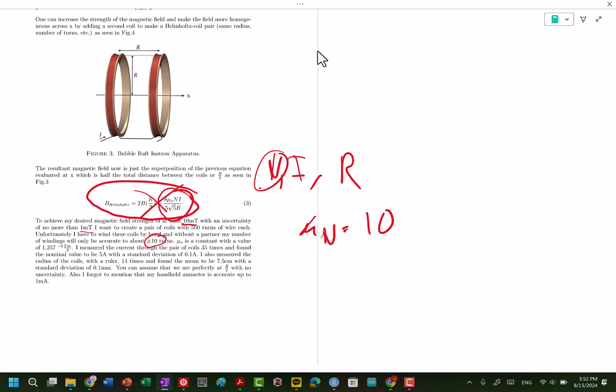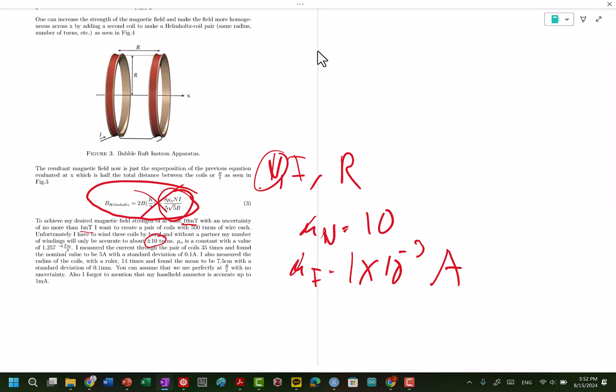Measure the current. So no uncertainty in R naught. Handheld ammeter, some uncertainty in the current of 1 times 10 to the minus 3 amps.